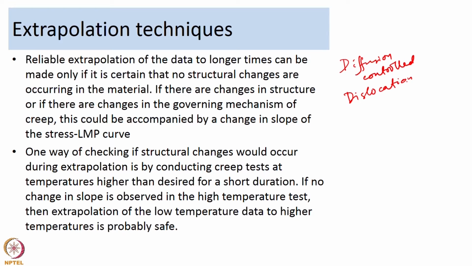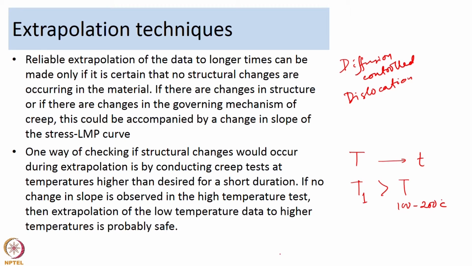Now, one way of checking if structural change would occur during extrapolation is by conducting creep tests at temperatures higher than that desired, for a shorter duration. If you were interested in the performance of the material at temperature T over a certain duration of time, and you want to be sure that there are no structural changes, you can test your samples at a test temperature of T1, where T1 is fairly greater than T, at least say 100 or 200 degrees centigrade greater.